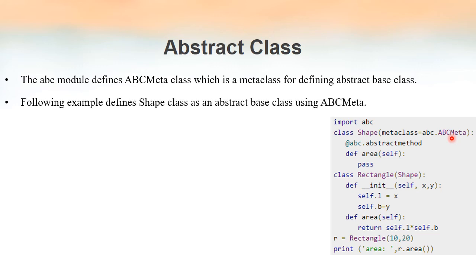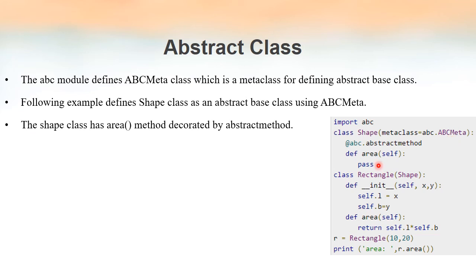Similarly, if you want to declare a method as an abstract method, we have to use @abc.abstractmethod as a decorator. So before the method area, we have written this here. That means area is an abstract method now. As you can see, we have not written any lines of code inside the method area. Now we are going to write another class Rectangle which inherits the class Shape.